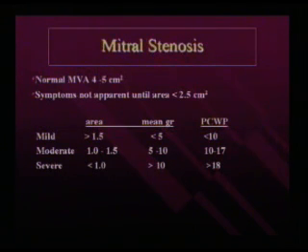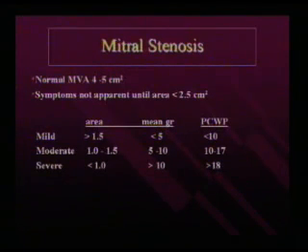And we know the mitral valve normally has a size of about 4 to 5 centimeters squared. However, we have some reserve, and therefore symptoms don't start appearing till it becomes about 2.5 centimeters squared or smaller. So only after the valve becomes 2.5 centimeters or smaller does a patient start experiencing symptoms.